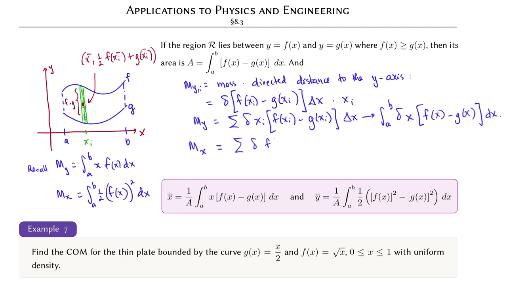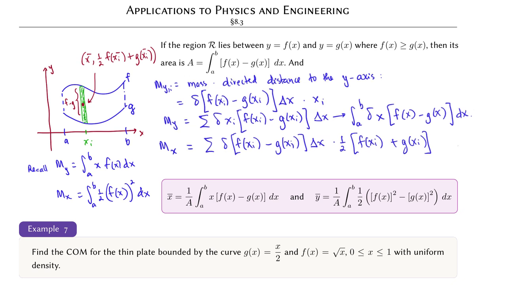The height is f of x minus g of x, the thickness is delta x. But the distance to the x-axis is now 1/2 of f of x plus g of x. Simplifying this expression, f of x minus g of x times f of x plus g of x is the product of the conjugates. So we end up with f of x squared minus g of x squared.